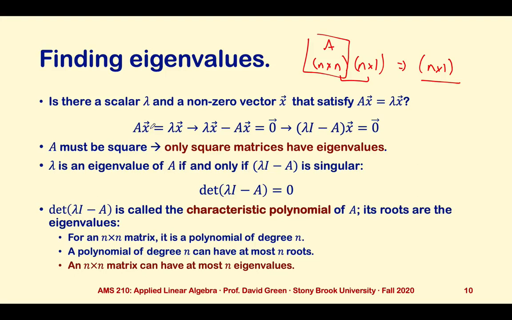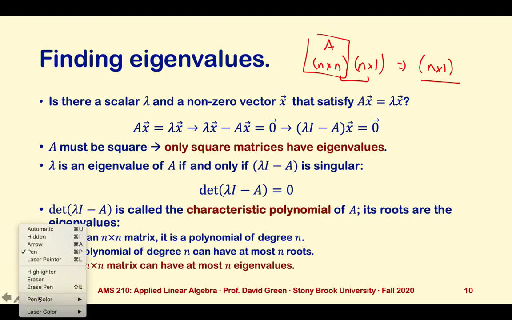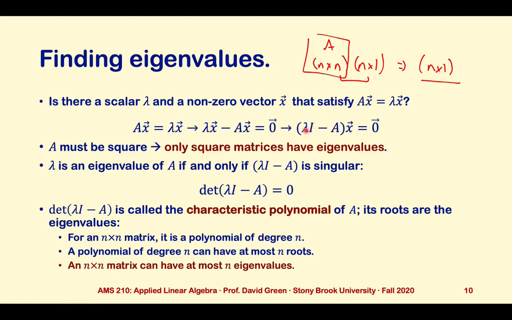This actually starts to address one of our questions. Only square matrices can have eigenvalues. Non-square matrices cannot satisfy this eigenvalue equation. Now, if we have a square matrix, we can address this question of whether there are eigenvalues and what they might be. Let's look at this.